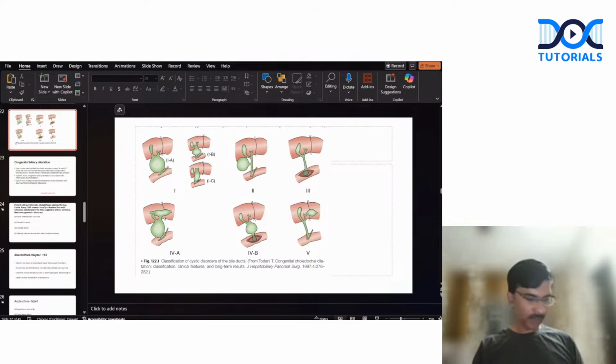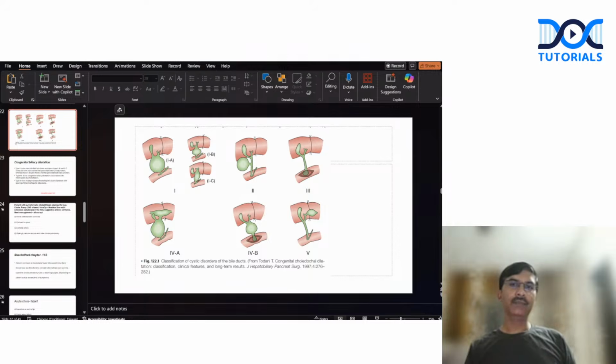Topics to revise in the last 10 days for INI SS Surgical Gastro: I think you just follow our DocTutorials modules. Please follow the recall sessions. Please follow the exams. I think that should definitely do.